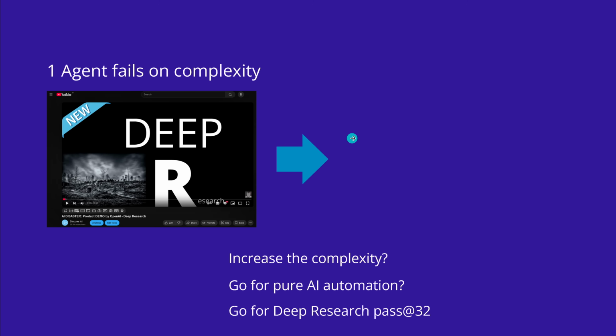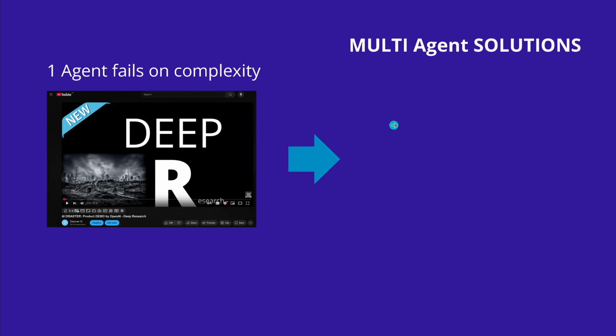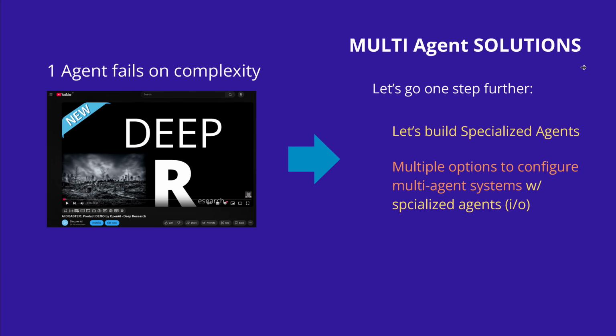And then we had a beautiful idea. We went from a single agent to a multi-agent solution. And we said for the next video, let's go one step further. Let's build not just agents, but specialized agents for specific tasks. Then we have multiple options to configure our multi-agent system with our specialized agents.